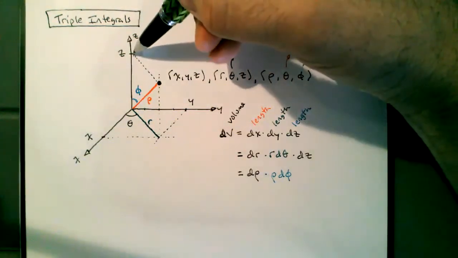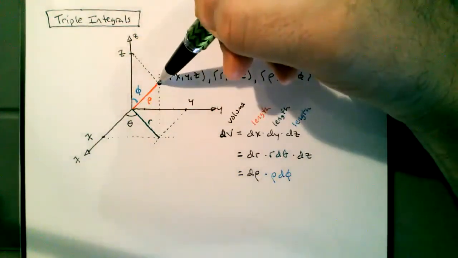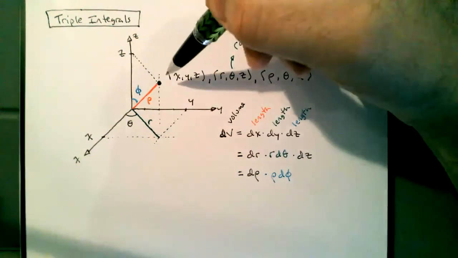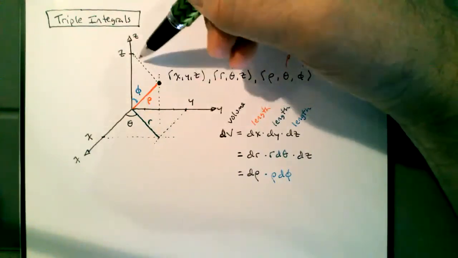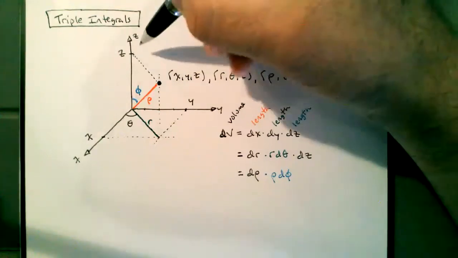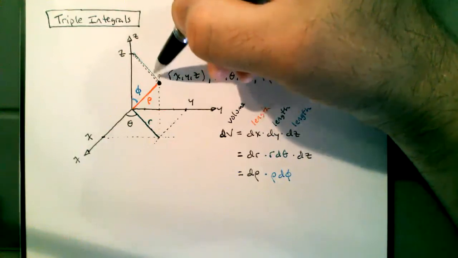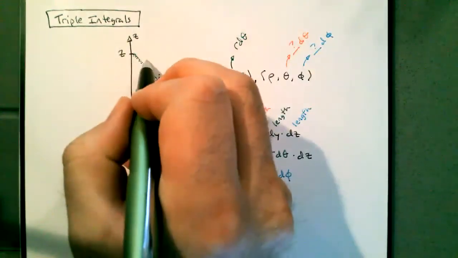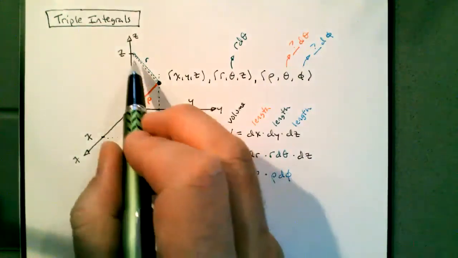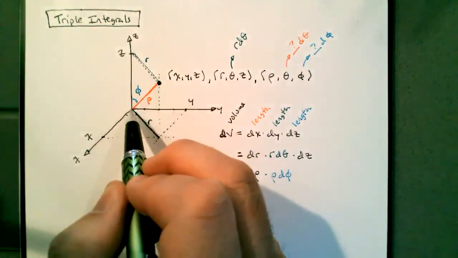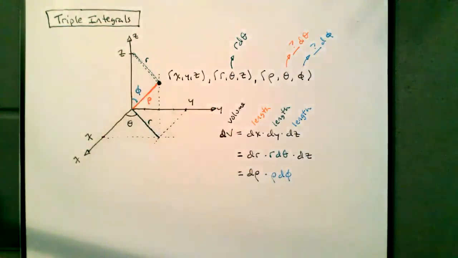So notice that r, from the origin to the point in the xy plane directly below the point (x, y, z), or the point (r, theta, z), or (rho, theta, phi), this distance up here is also r. Now I'm going to pull out this right triangle with rho as the hypotenuse, r as one leg, and z as the other leg.